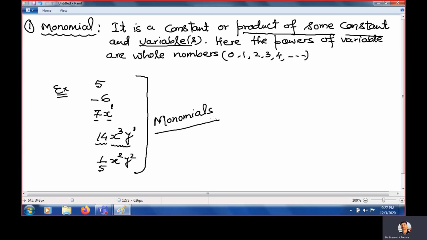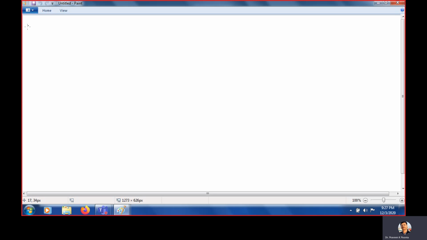Mono means 1, where the term is 1 only. Clear? So this is one term, this is one term, this is one term, this is one term. It is a product, so it is one term. So this is the first definition, how we define the monomial.